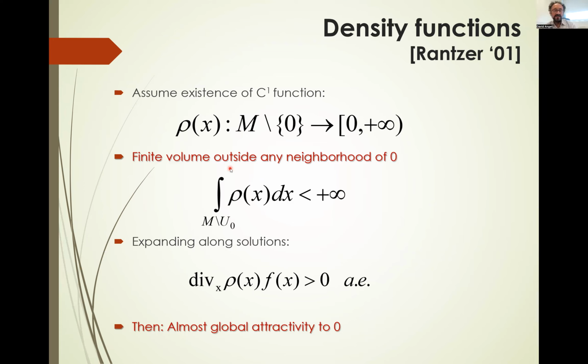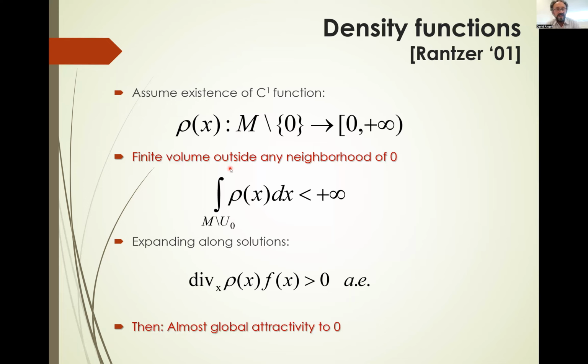And then what you ask is that the divergence of the product rho of x times f of x be positive. So this means that your volume is expanding almost everywhere, where the volume is measured as integrating the density function over a certain set. And under such conditions, you have almost global attractivity to 0, okay?